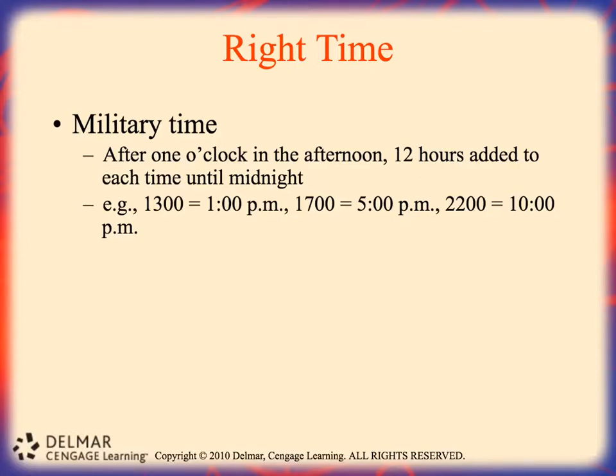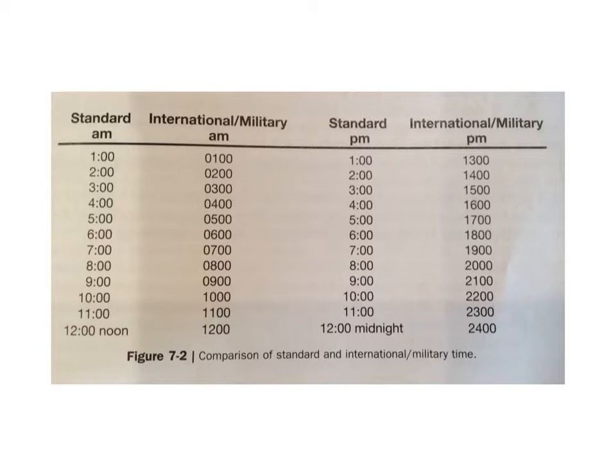For example, 1 p.m., you add the 12 hours to it and you come up with 1300 right here. 5 o'clock p.m., you add the 12 hours to it, and that would be 1700. 10 o'clock at night, 10 p.m., you add 12 hours to it, and you would come up with 2200. And here's a comparison chart for standard and military time.